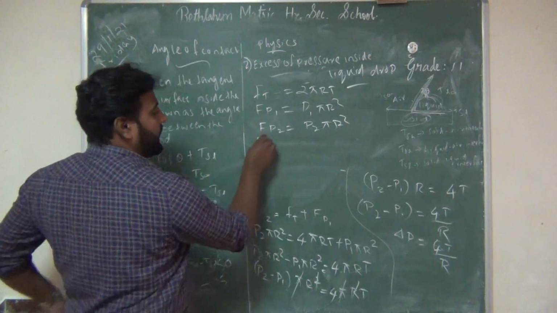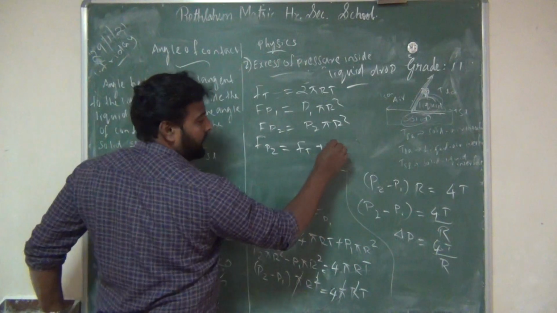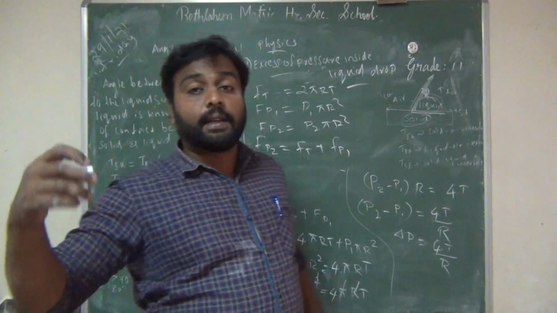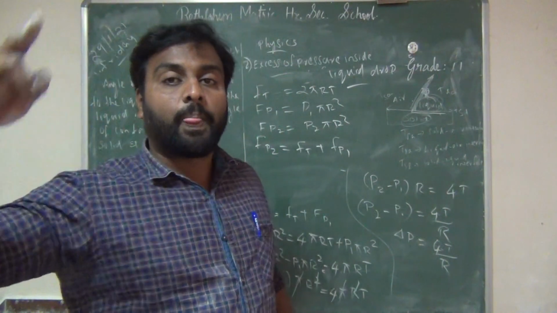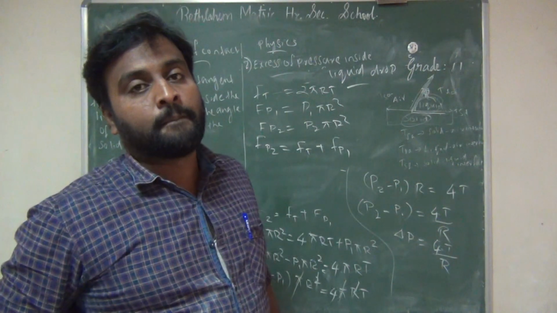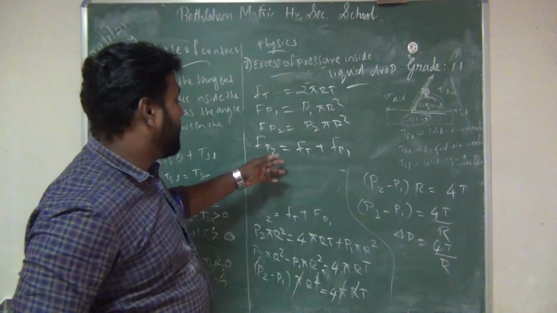For that you can write Fp2 is equal to Ft plus Fp1. You can see in that diagram, inside one pressure is acting, and on that circular rim there are some forces acting. That is Fp2 is equal to Ft plus Fp1.